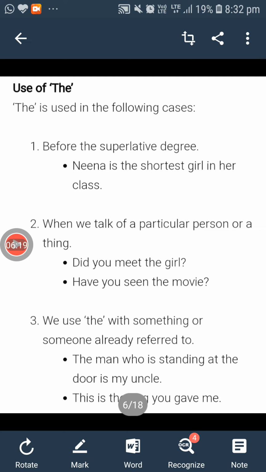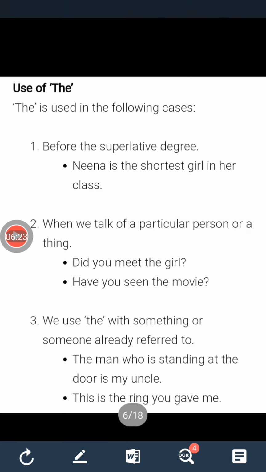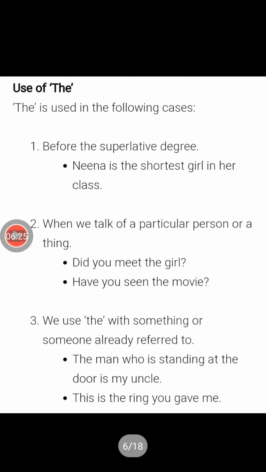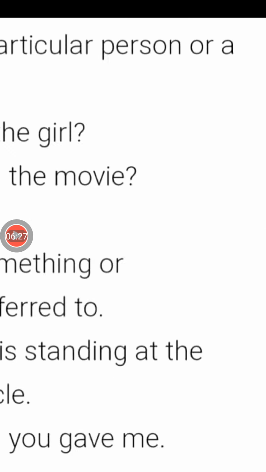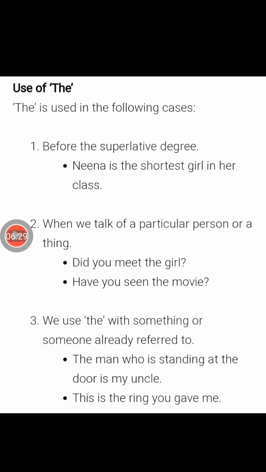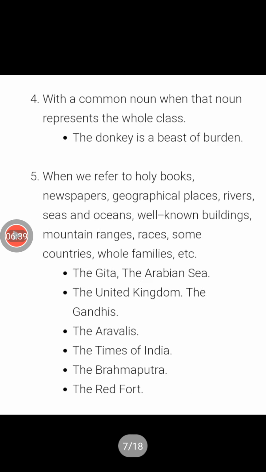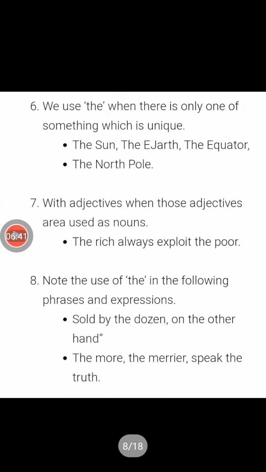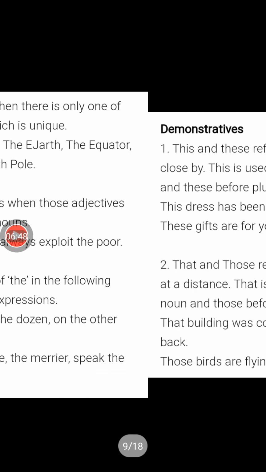Then names of hotels, museums, and certain building names, like the Oberoi group, then the best boy in the class, the working class, the middle class. Okay, so all this is about the. These are the points which I have covered for the, just go through that.